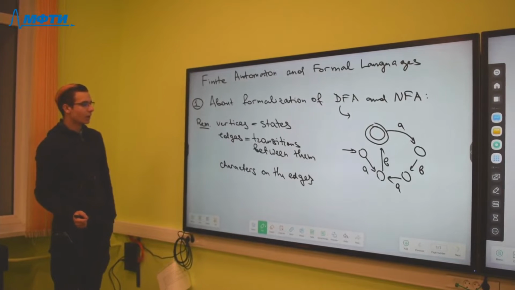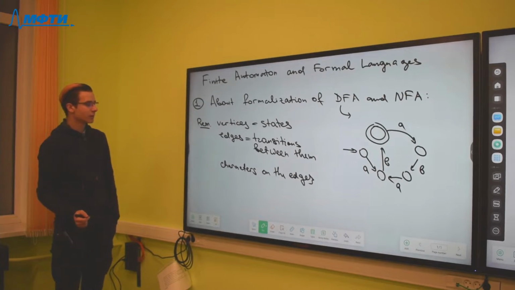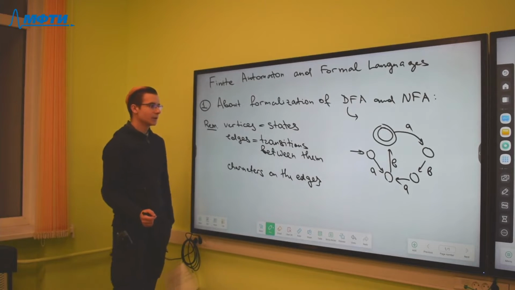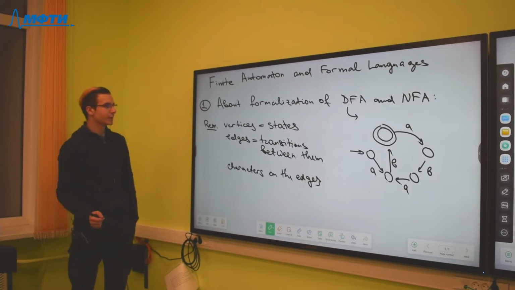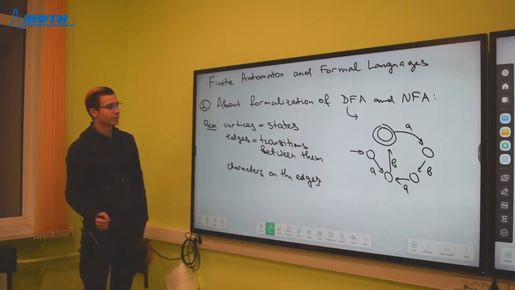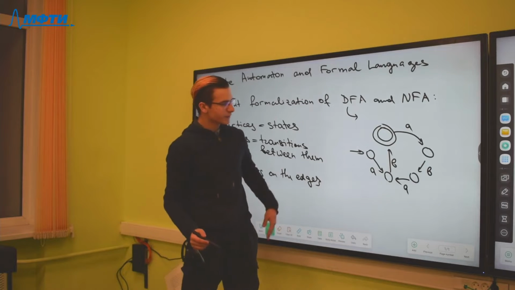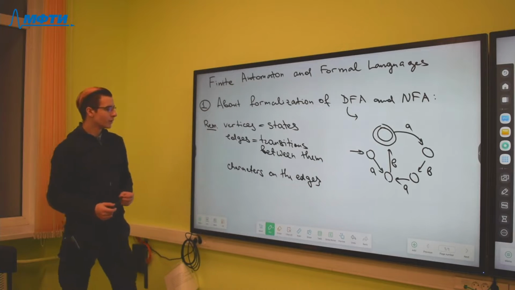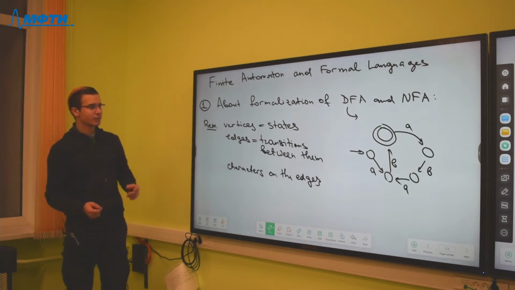So this is an informal representation of it, and in the previous lecture I wrote the axioms of the finite automaton and pointed out what is the difference between these two.